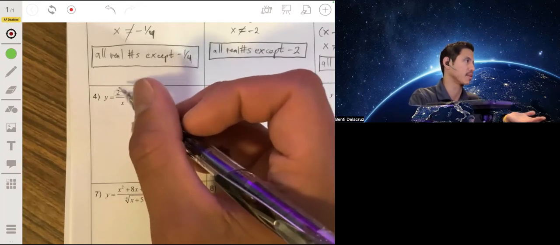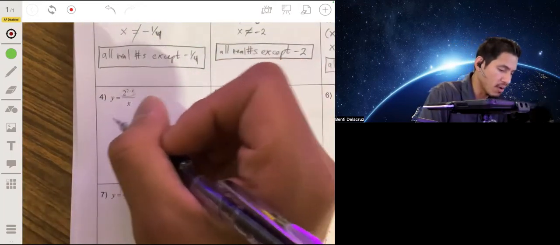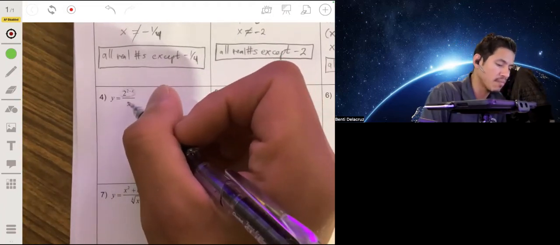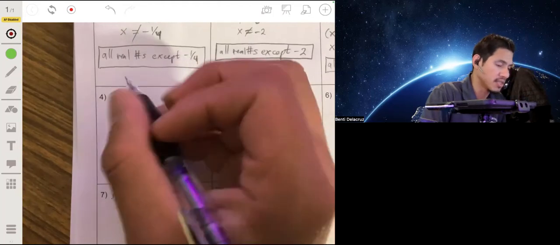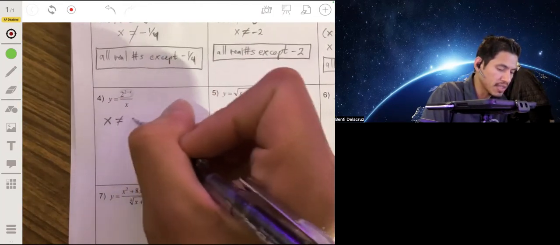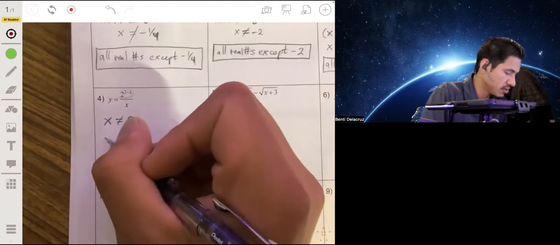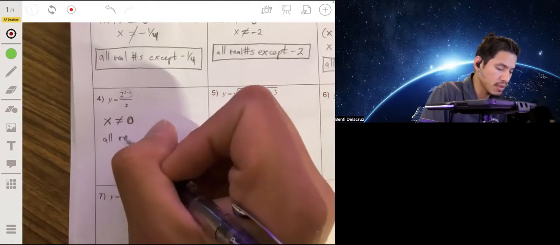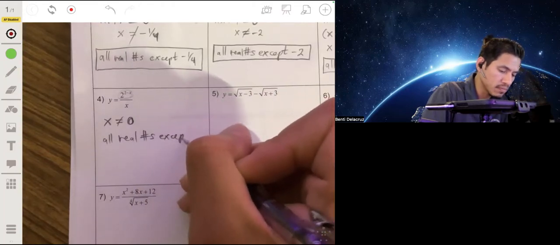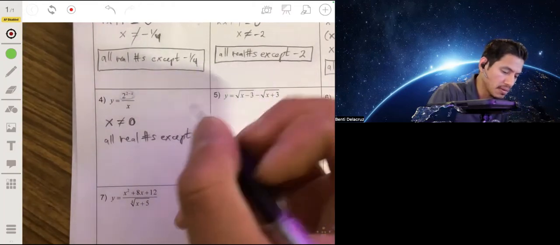So we don't have to worry about the numerator. We just want to make sure that the denominator is not 0. And this is pretty simple. It's just that x can't be 0. So again, we would just write all real numbers except 0.